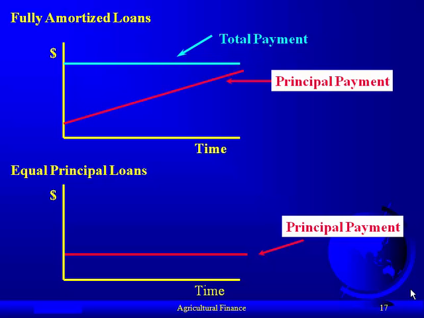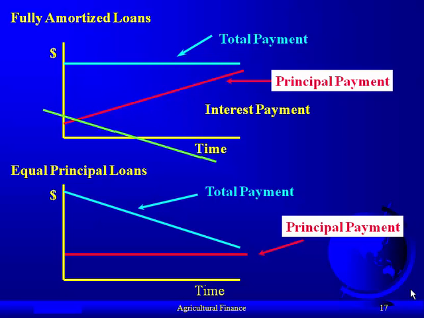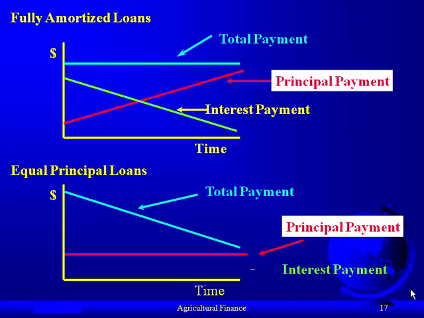Whereas for the fully amortized loan, if you look at the principal payment, it's not constant. Actually, it's going up over time because you're paying less interest. If you look at the total payment for the second type of loan, notice its total payments are going down. Hopefully you can see that there are some liquidity implications to that. If you look at the interest payment for both of them, in both cases they are declining over time as the principal declines.